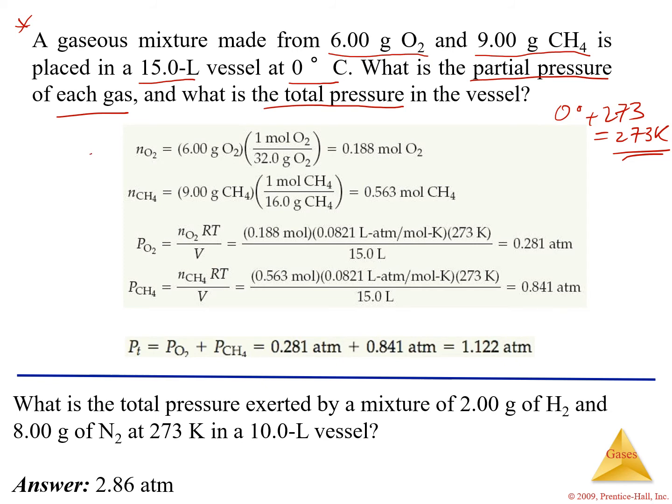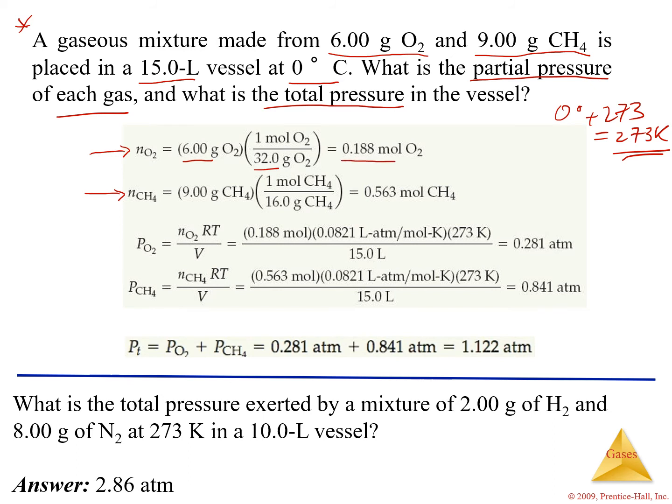So we're starting by converting the mass information of each compound in the gas mixture. For oxygen, it's 6 grams divided by 32 grams, which is the weight of 1 mole of O2. 16 times 2 is 32.